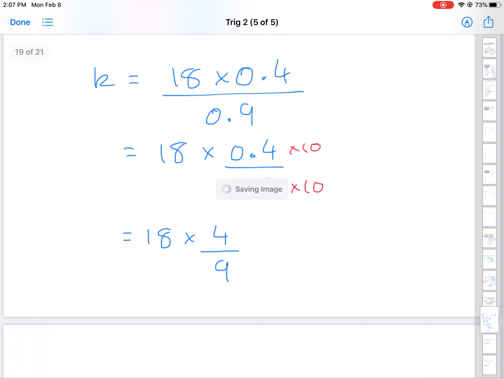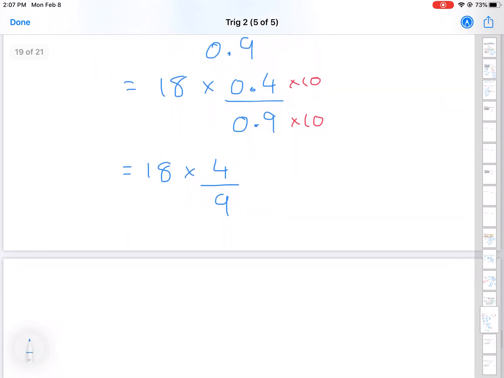So multiplying these two fractions together, make that 18 over 1, and we'll get 18 times 4, you do the calculation at the side, get 72 over 9, and then 72 divided by 9 goes exactly and gives us a result of 8.